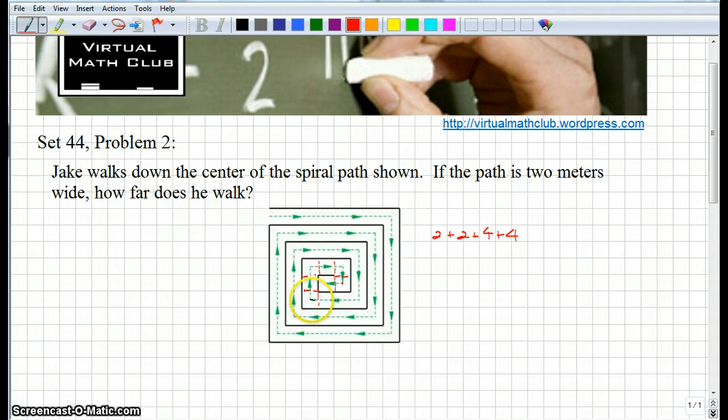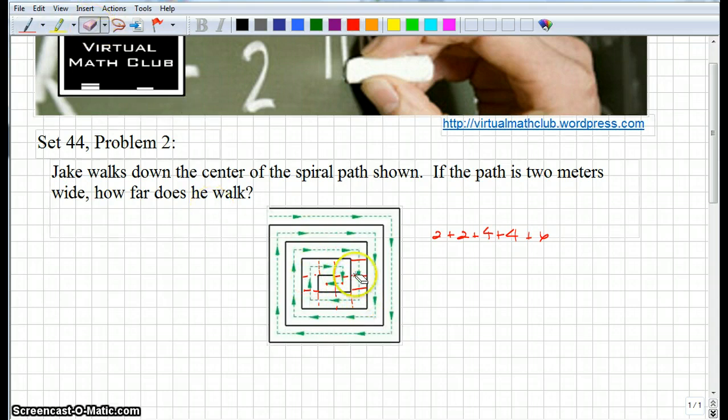So here's a meter here. Here's 2 meters more, so that's 3. There's 5, and then 6. So 6. And then, let's look at this leg of the path here. I'm going to break it up into squares. They're not looking very much like squares, but anyway, there's 1 meter.